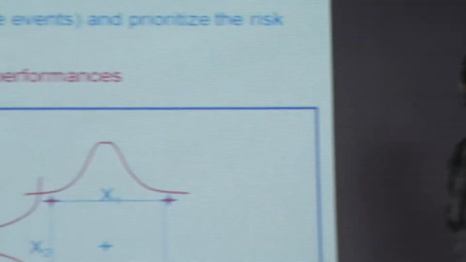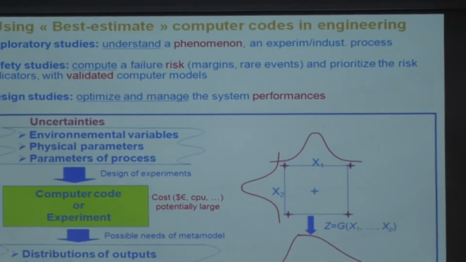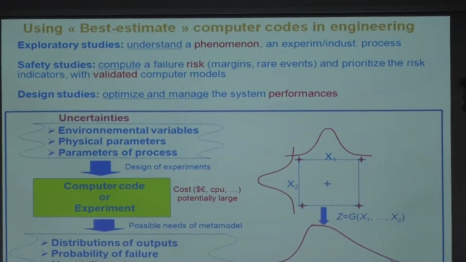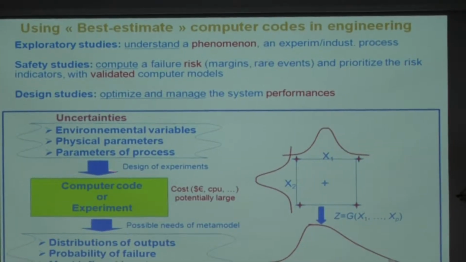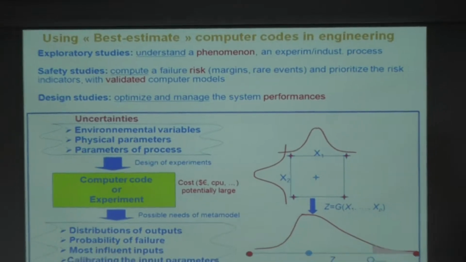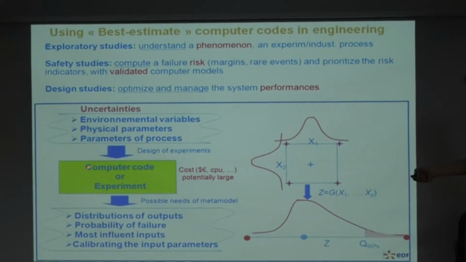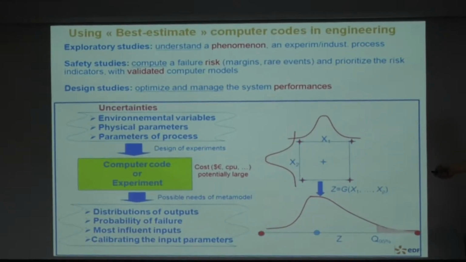So I come back to this global scheme, which explains the uncertainty management problems for computer code, which can also be the case if you have experiments. It's a very general framework to deal with uncertainty.